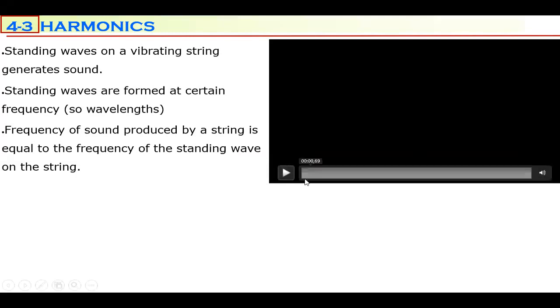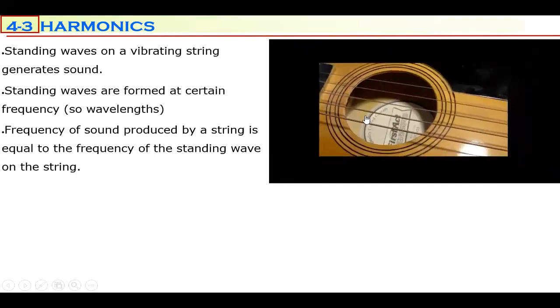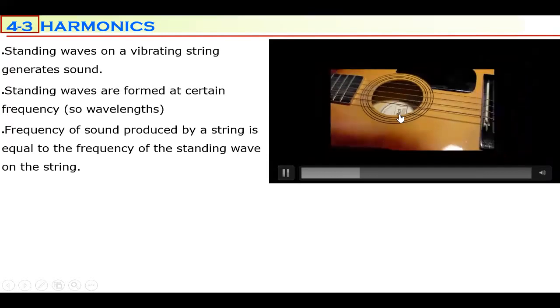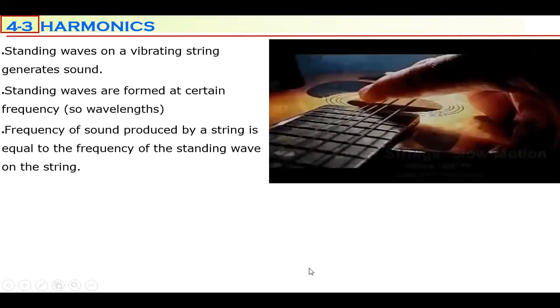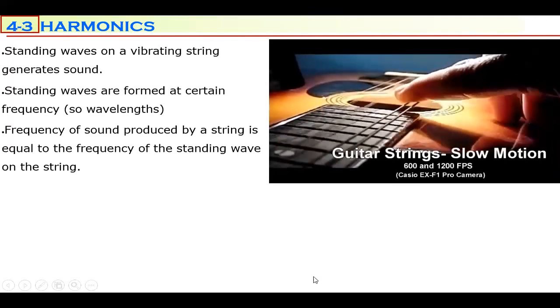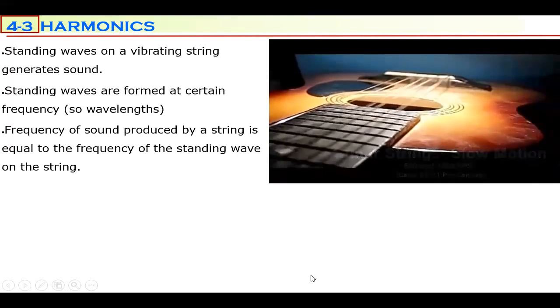We will start with a string instrument. Standing waves on a vibrating string generate a sound. As you hit a guitar string, you make the strings vibrate. These strings start to vibrate and they form standing waves.